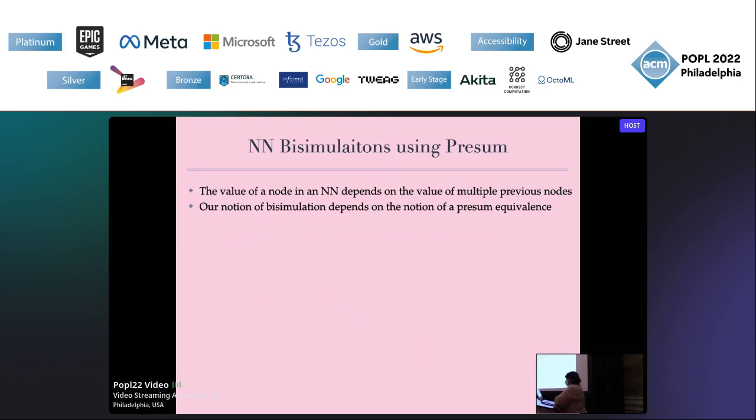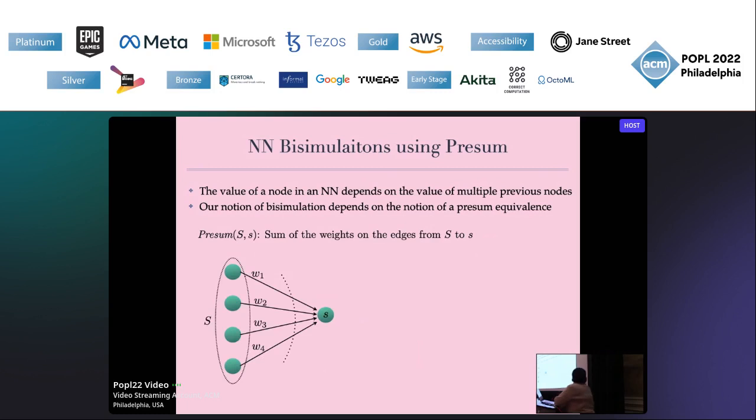And it depends on this operator called the presum. So presum takes as argument two elements. The first one is a set of nodes, and the second one is just a node. And it returns the sum of the weights on the edges from these nodes capital S to the node small s.